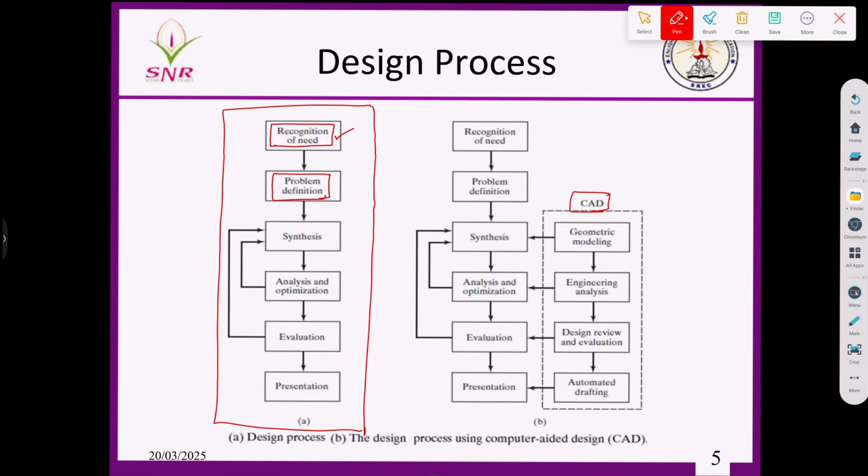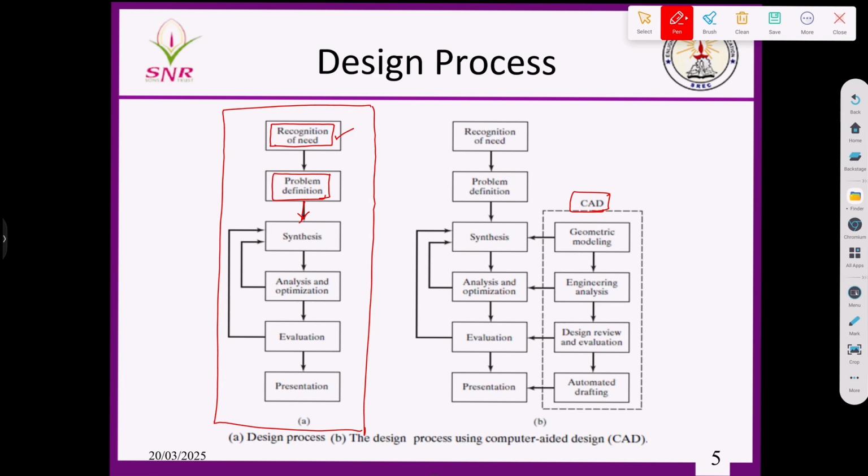Then we will be working on the conceptual design of the chair, like how many legs there have to be, and whether there is a need for support for the arms as well as the back. Likewise, we conceptualize. All these conceptualizations are done in the design process.